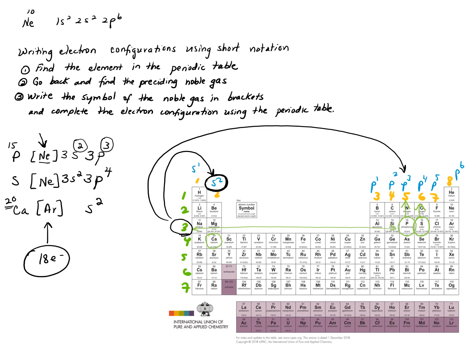Calcium is in period 4 right here, so the number that you need in front of the s2 is 4. You have 18 electrons right here, plus 2 electrons right here. That will give you a total of 20 electrons.